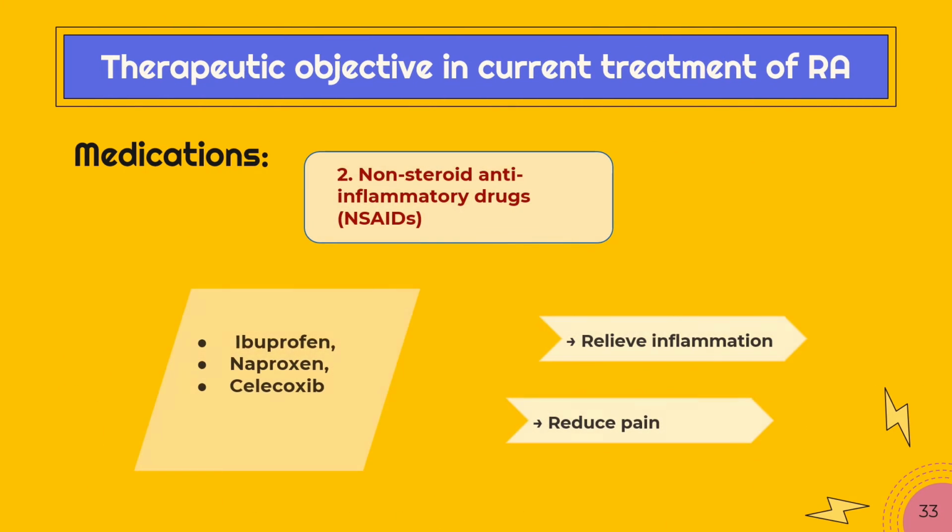Next, non-steroidal anti-inflammatory drugs (NSAIDs). Examples are ibuprofen, naproxen, and celecoxib. These drugs help to reduce or relieve inflammation and also reduce pain. It is important to remember that celecoxib needs a doctor's prescription because it is stronger compared to other drugs.